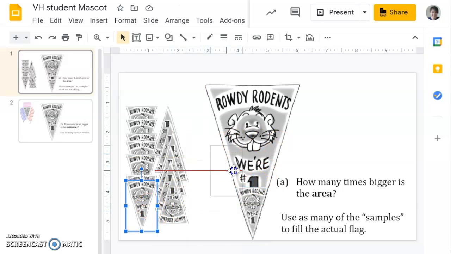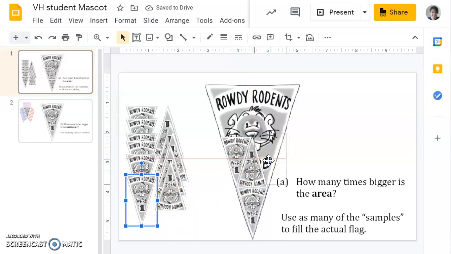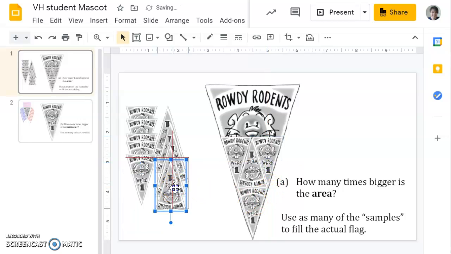So I can bring that here to fill it up. I know I need one that's pointing up, and so on. You're going to keep filling it up with these.